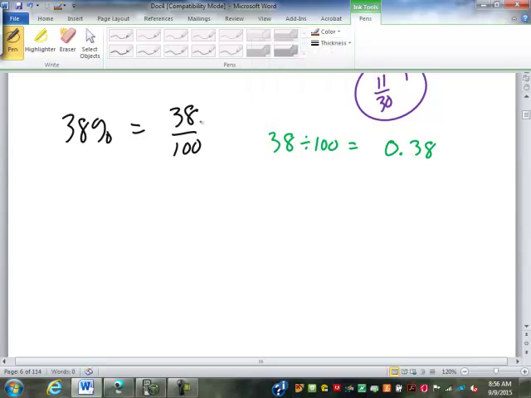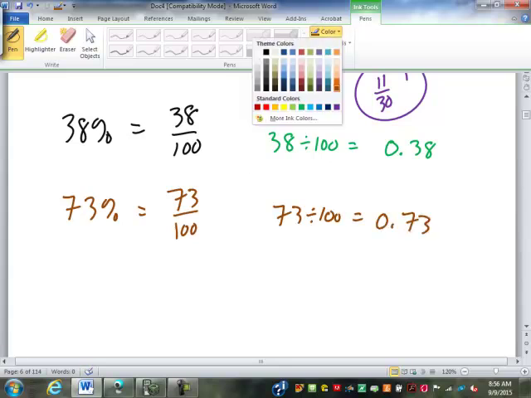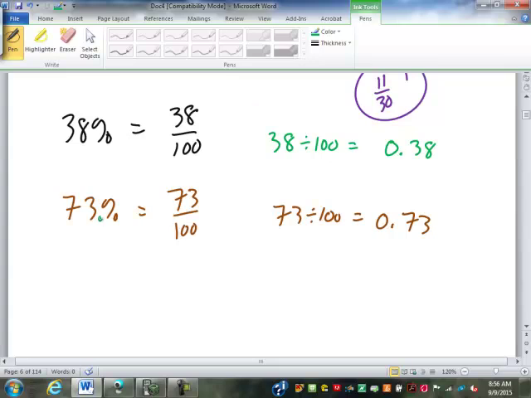Well, any percent, if we write it as a fraction without reducing it, like 73% is going to be 73 out of 100. So I'm always going to be dividing by 100. And dividing by 100 simply moves the decimal point 2 spots over to the left.